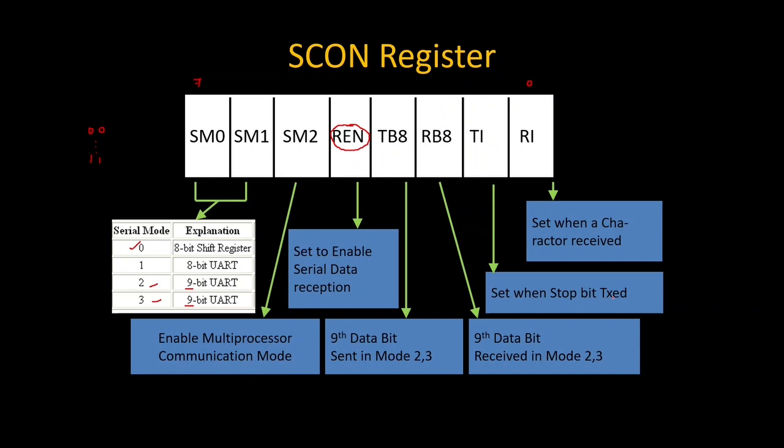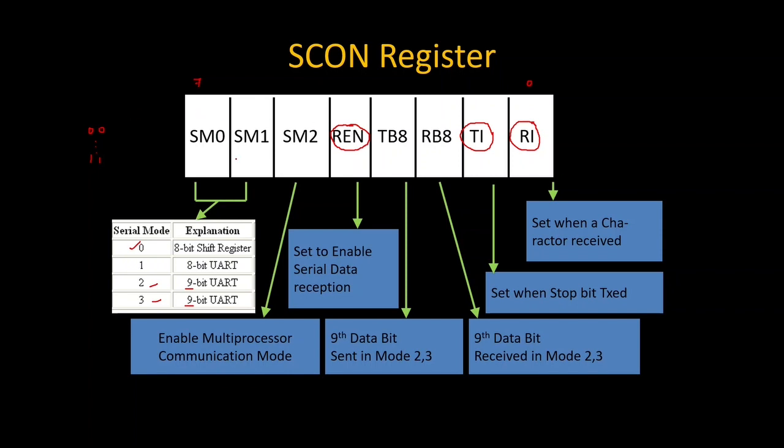So this is your controller. If I'm going to transmit, I have to give more concentration to TI. If I'm going to receive, I have to give my concentration to RI. With TI and RI, I can understand whether the operation is completed or not.